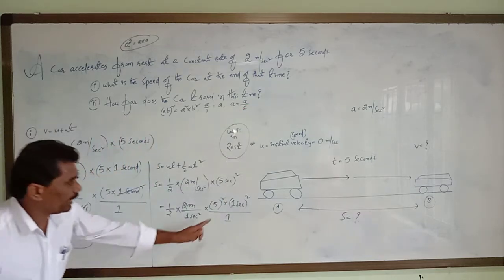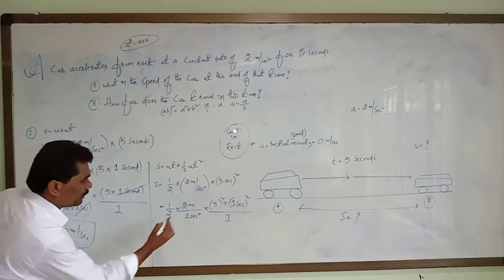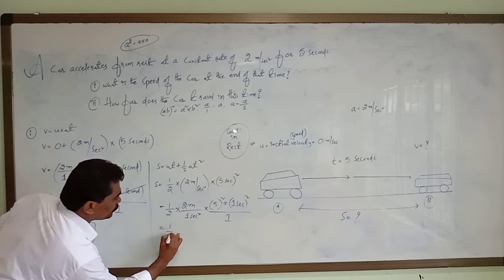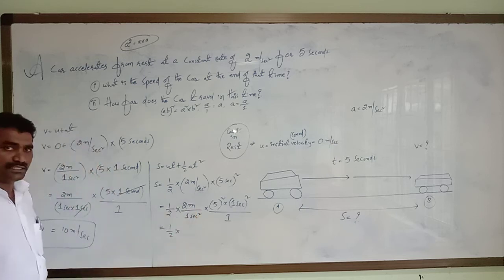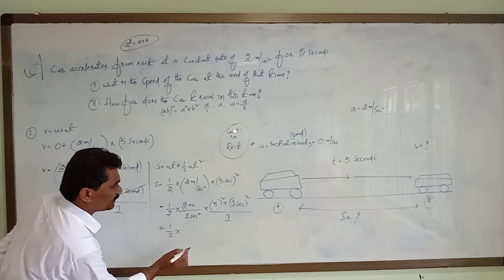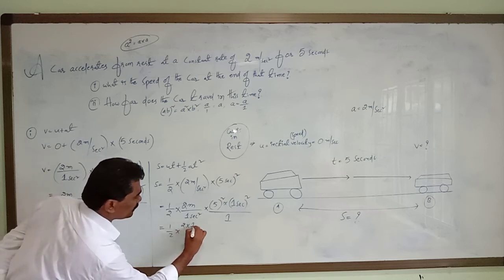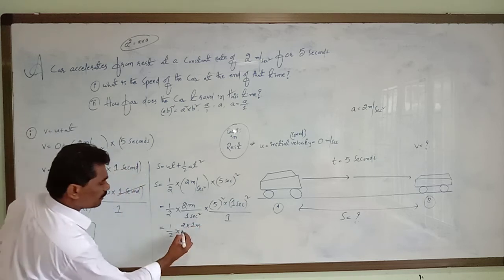Here 1 by 2 into 2 meters. 2 meters can also be written as 2 into 1 meter.